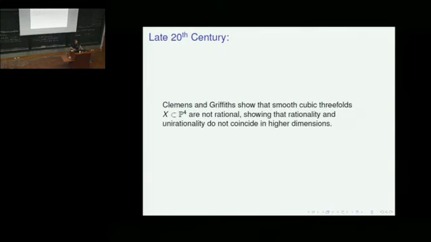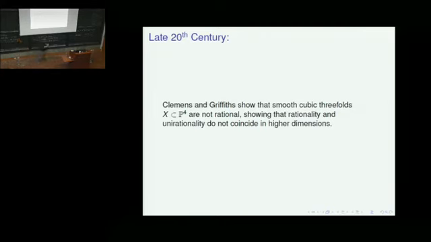In the late 20th century, there was the theorem of Clemens and Griffiths. They looked at cubic threefolds, which had been studied for some time before. People discovered fairly early on that cubic threefolds were unirational. They admit, in fact, a degree 2 rational map from P3.